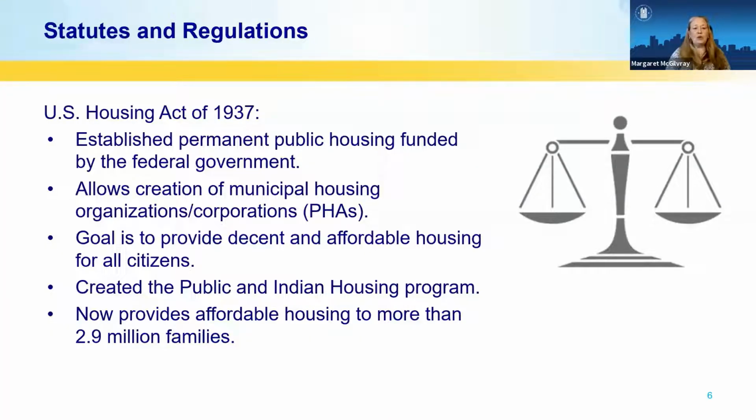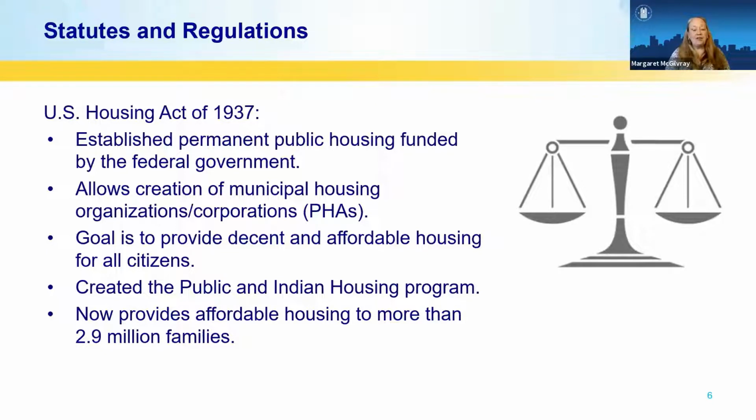We want to start with a historical basis, essentially. Commissioners should know the federal, state, and local laws, as well as the federal regulations that guide public housing. These statutes and regulations are the foundation of the Consolidated Annual Contributions Contract, or ACC, which we'll get into in a couple of slides from now.